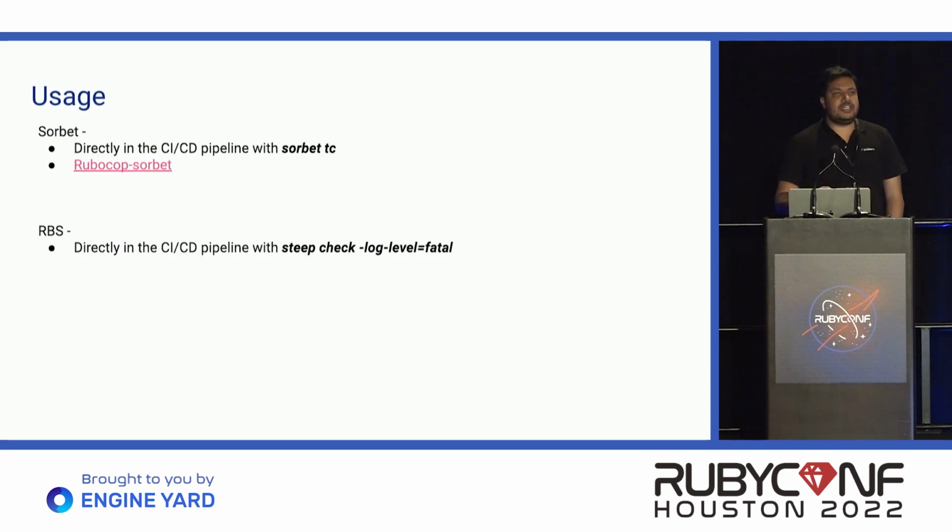Now we can use this in our CI/CD pipeline, and Sorbet comes with a RuboCop gem also, RuboCop Sorbet. So we might not necessarily have to use it separately in our Jenkins or GitHub CI/CD, while for RBS, we have to add an additional check in our CI/CD for doing the type checking.